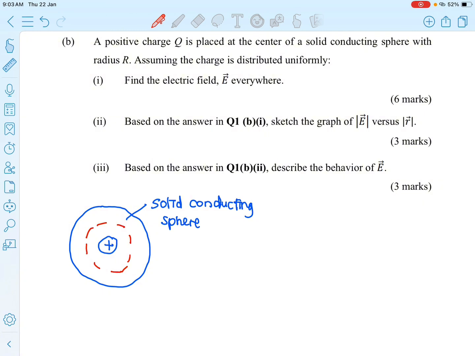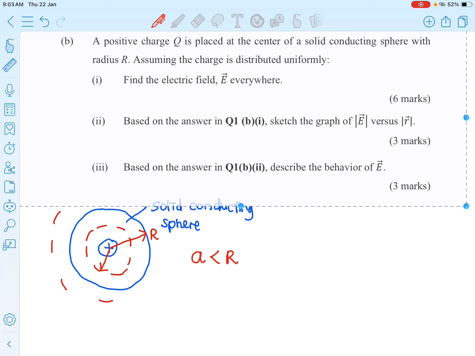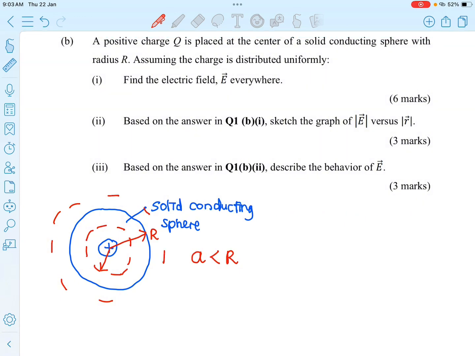The conducting sphere has the radius of R. So we have to find the electric field in the region where A is smaller than R, and also the electric field outside this conducting sphere, where A is greater than R.